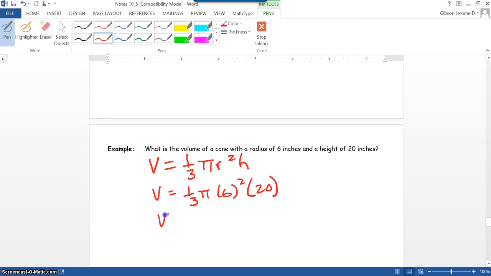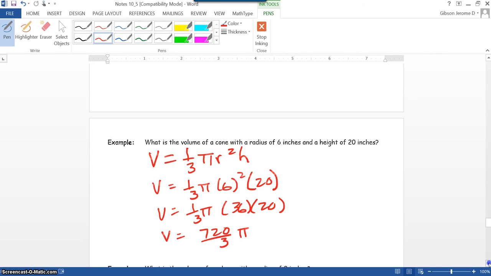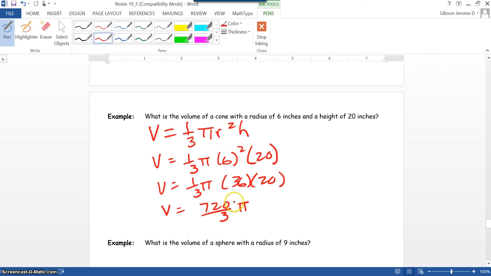Now we know 6 squared is 36 times 20. Now if we multiply this out, this will end up giving us 720 over 3 times pi. Now 3 goes into 720 240 times. So it'll be 240 pi inches cubed.